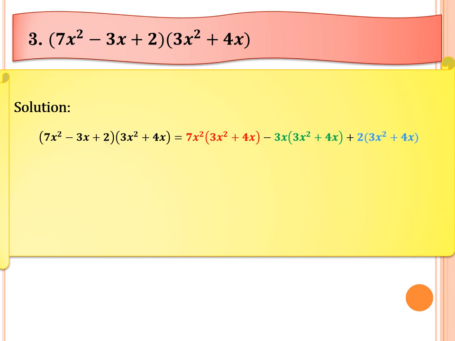Okay, let's focus first on the red. So, we distribute 7x squared to 3x squared. Okay, so we will have 7x squared times 3x squared. Next, we distribute 7x squared to 4x. So, we will have 7x squared times 4x. Next, let's focus on the green.